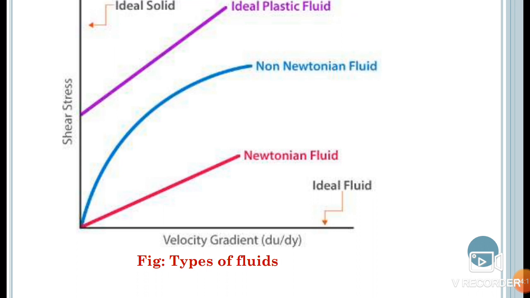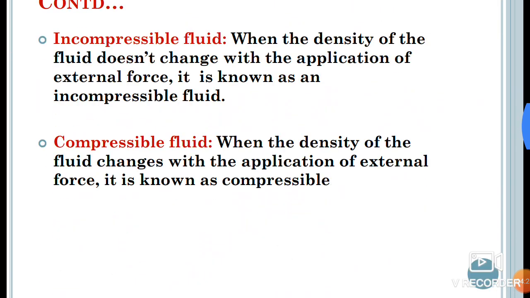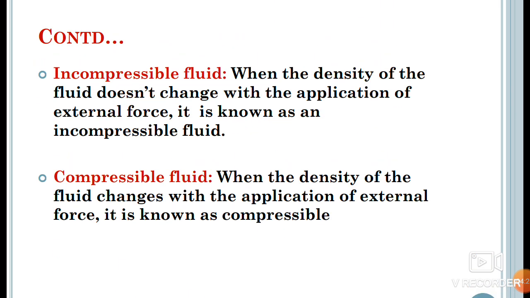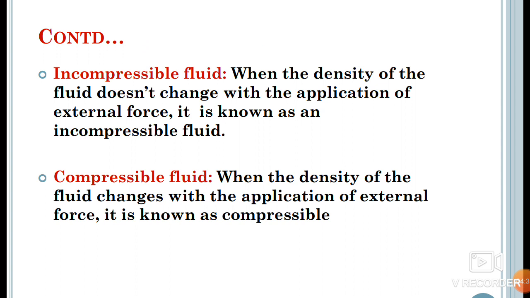If it is not obeying the law, it is given as a curved line and it is a non-Newtonian fluid. Now the other two kinds of fluids are incompressible fluid and compressible fluid. This categorization is based on the density of the fluid. When the density of the fluid does not change with the application of an external force, they are known as incompressible. And when the density of the fluid changes with the application of an external force, it is known as compressible fluid.